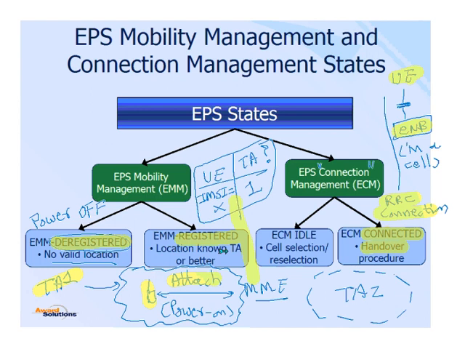However, we do have an idle state where there is no RRC connection, and in that case, the UE going from one cell to another cell is just doing cell reselection. It is observing the best possible downlink cell.